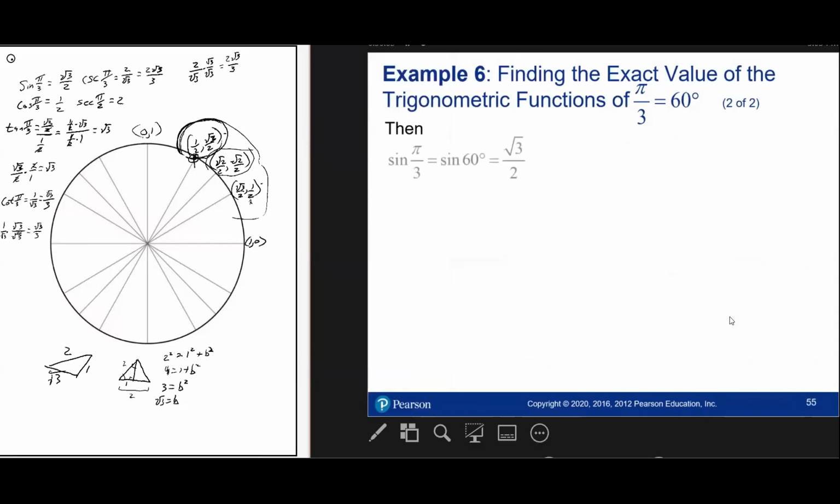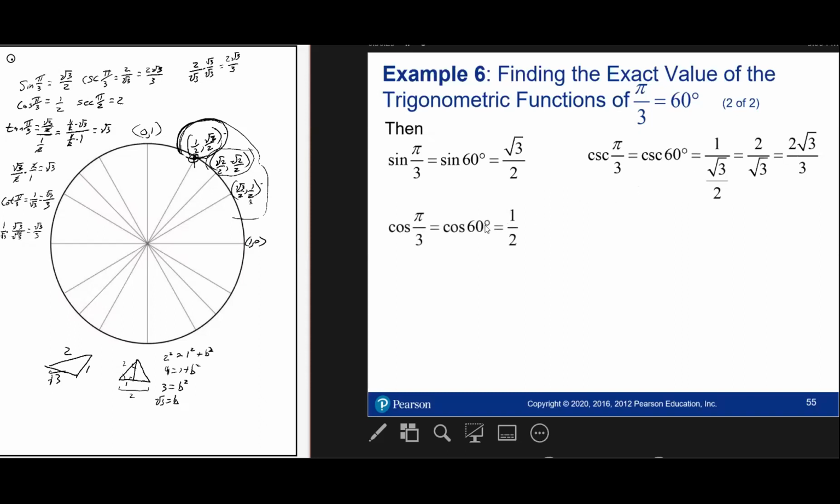So we move on. And so sine was the square root of 3 over 2. And cosecant is 2 times square root of 3 over 2. See, they showed the reciprocal here, 1 over it, which is you just end up flipping the fraction. And then you rationalize the denominator.